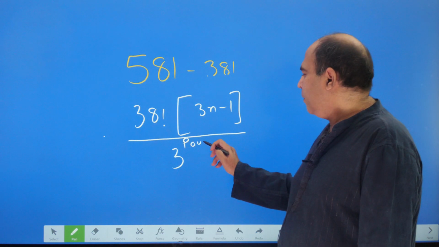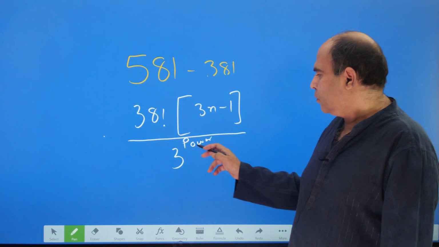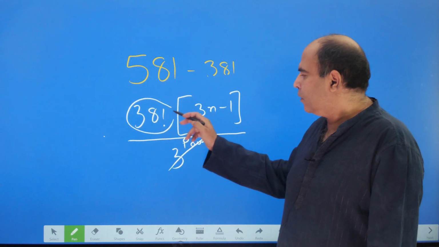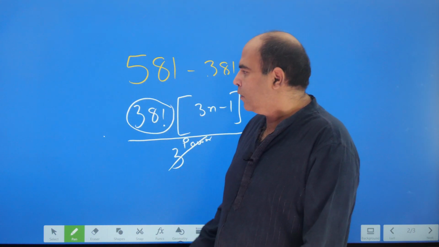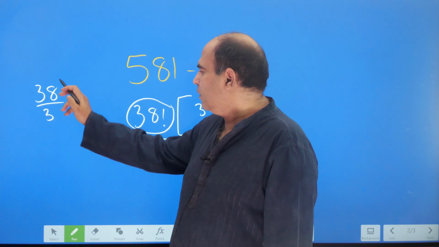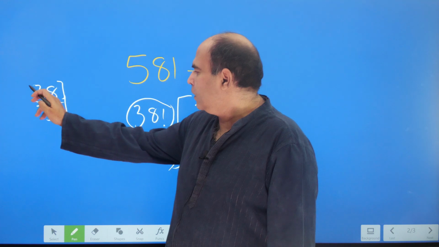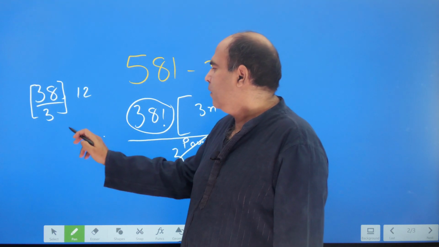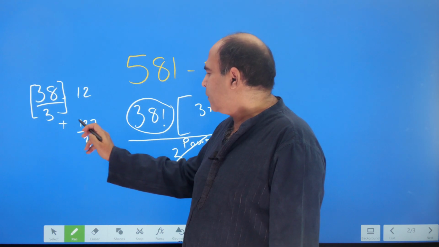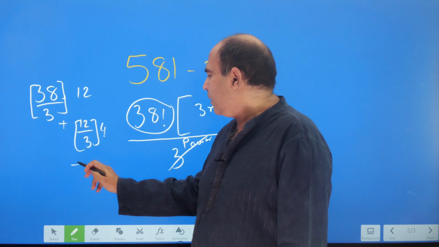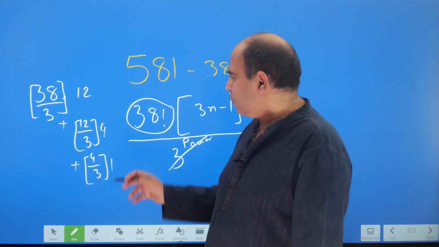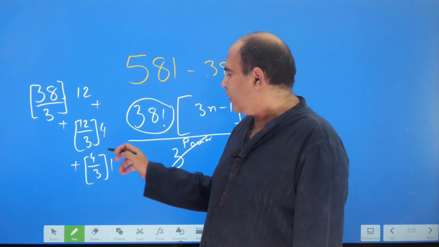So how many powers of 3 can you put so that this gets cancelled out? That is basically the number of 3's in 38 factorial, and the number of 3's in 38 factorial is got by the process of 38 divided by 3. Take the greatest integer value of this, that's 12, plus that 12 divided by 3, that's 4, and plus that 4 divided by 3, that's 1. So the correct answer is 12 plus 4 plus 1, 17.